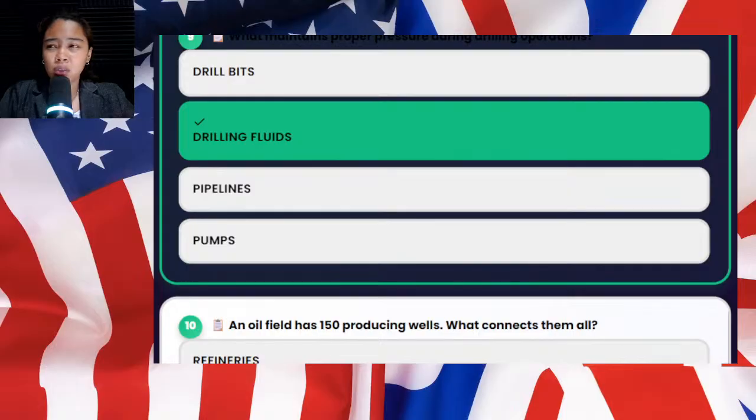So we try to cool the drill bit down so that it's much safer for everyone. So our answer here is drilling fluids.